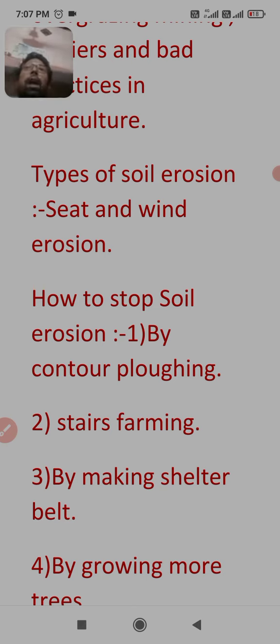Next, stair farming. We can make land in the form of stairs, so that it can help in not letting the water flow easily. Next, by making shelter belts of trees. There can be belts of trees to stop wind erosion and water erosion.